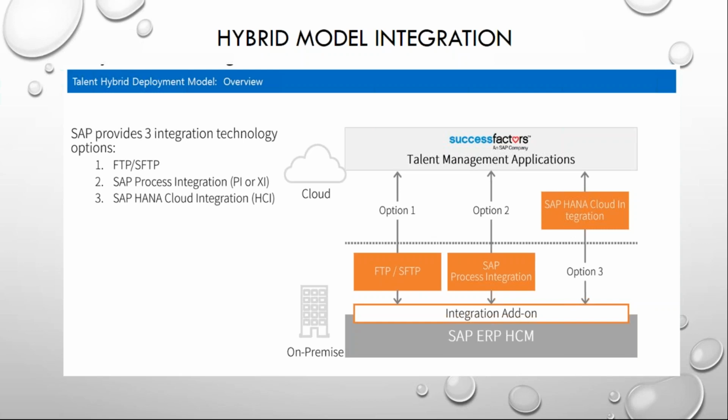Let me say whenever an employee promotion happens in SuccessFactors, I want my on-premise SAP solution to get a real-time update, then I can use a process integration layer, which is enabled through PI or XI. Or I don't want two places to maintain my data. I want one common place to have all the data maintained, which is the HANA Cloud platform.